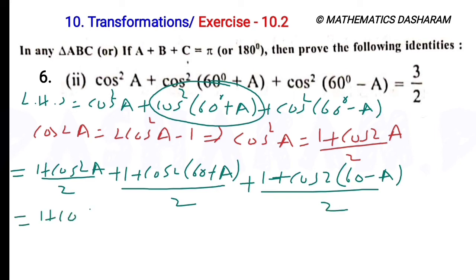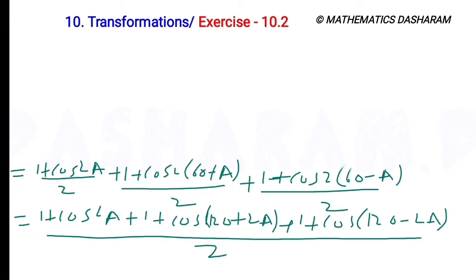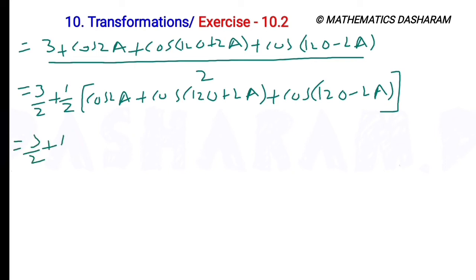So it equals [1 + cos 2A + 1 + cos(120 + 2A) + 1 + cos(120 − 2A)] divided by 2, which is 3/2 plus 1/2 bracket of cos 2A plus cos(120 + 2A) plus cos(120 − 2A).